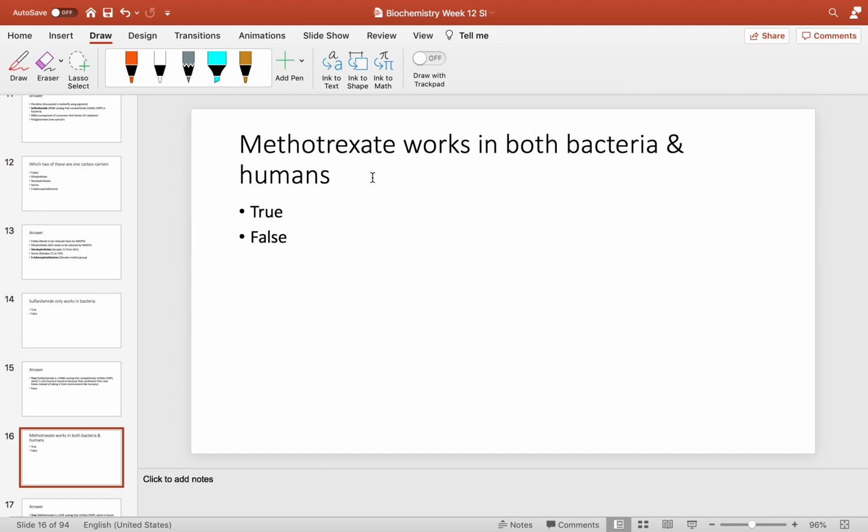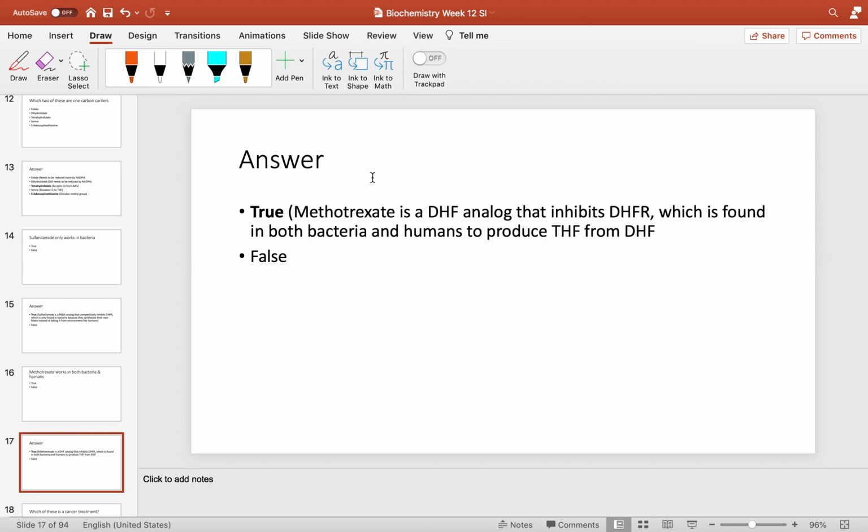Methotrexate works in both bacteria and humans. True or false? So this one is actually true. Methotrexate is a dihydrofolate analog, which means they have similar structures.